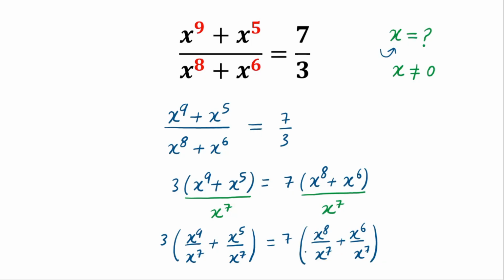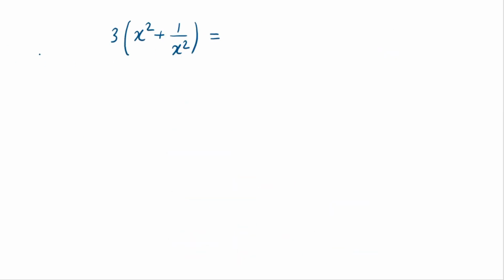So here 7 times (x plus 1 over x). Here x^2 plus 1 over x^2, and here x plus 1 over x.